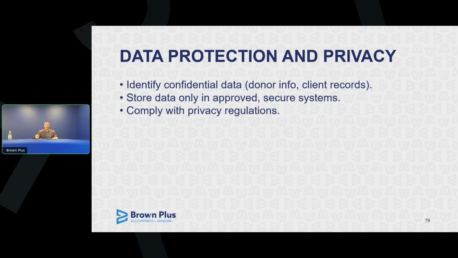It even carries over to paper copies. Do you need to secure paper copies in desk drawers if you're not in your office? All of that is governed by that data security policy. And then storing the data in approved and secure systems, I always like to say it needs to be organization owned and organization managed for you to be able to store data in that system.